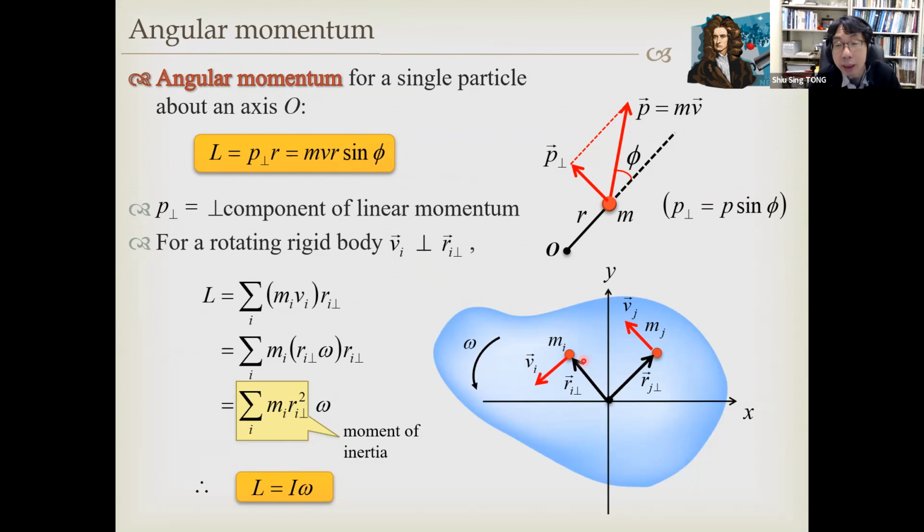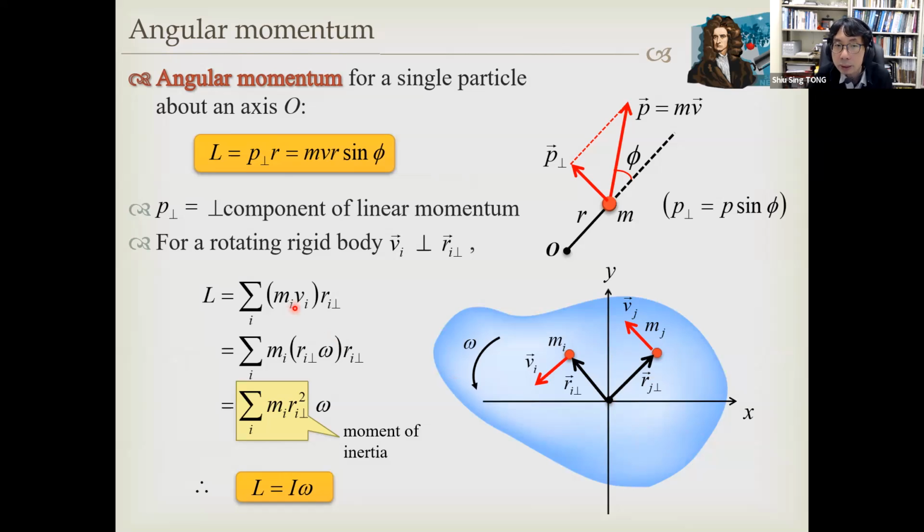Now consider a rotating rigid body. Different particles are rotating with the same angular speed but not the same linear speed. The angular velocity is common about the axis of rotation, which is now drawn as the z-axis in this diagram.